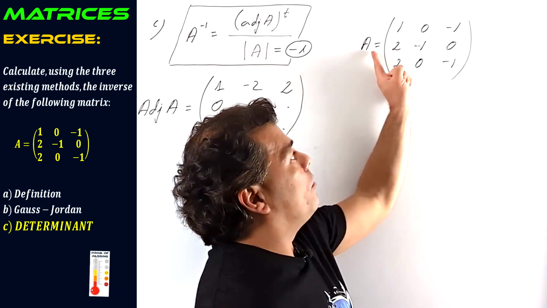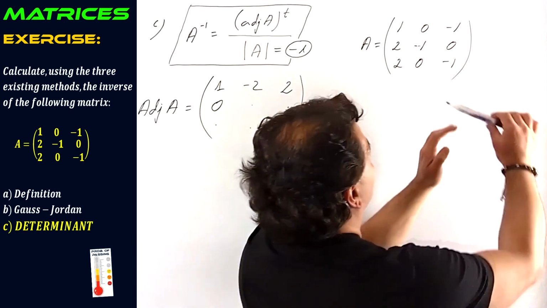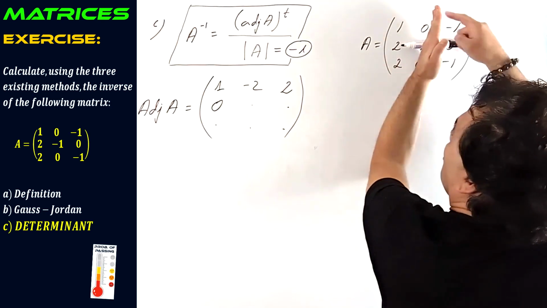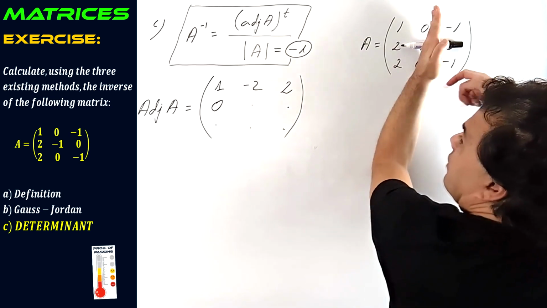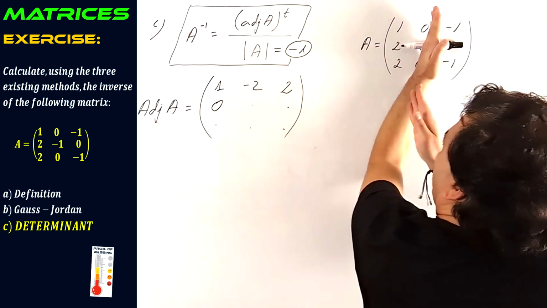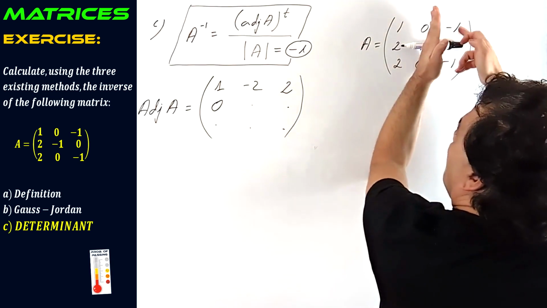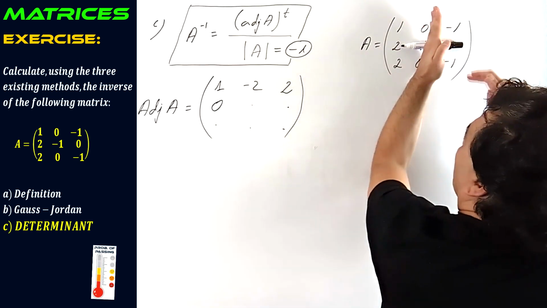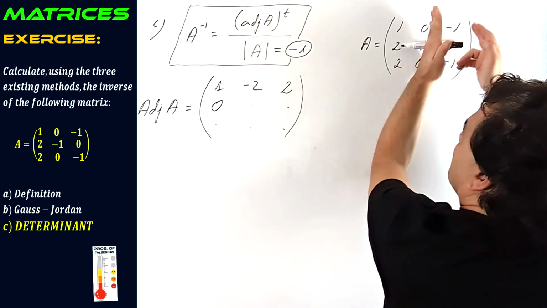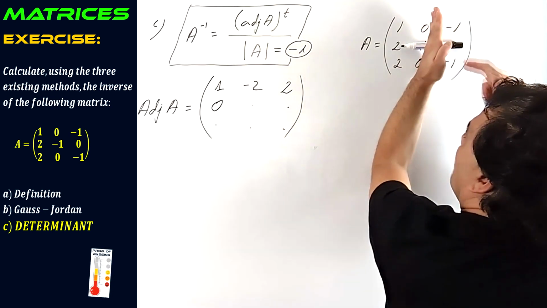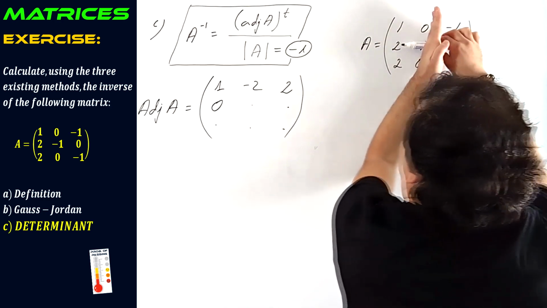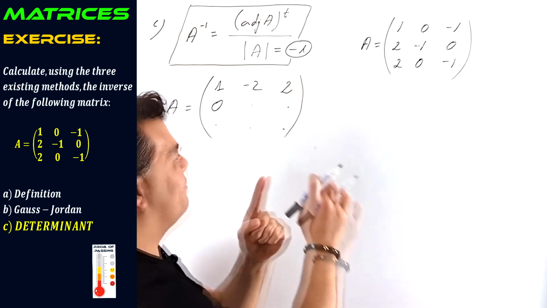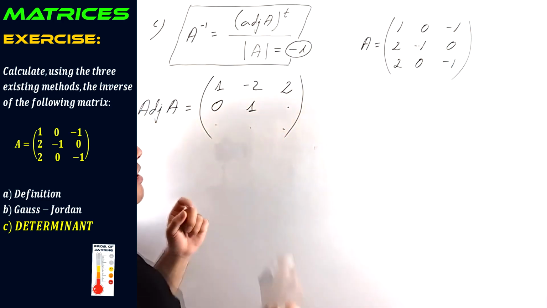Let's remove row 2 and column 2. 1 times -1 is -1, minus 2 times -1 is -2. -1 minus -2 is -1 plus 2. That is 1. Be careful with the signs, okay?